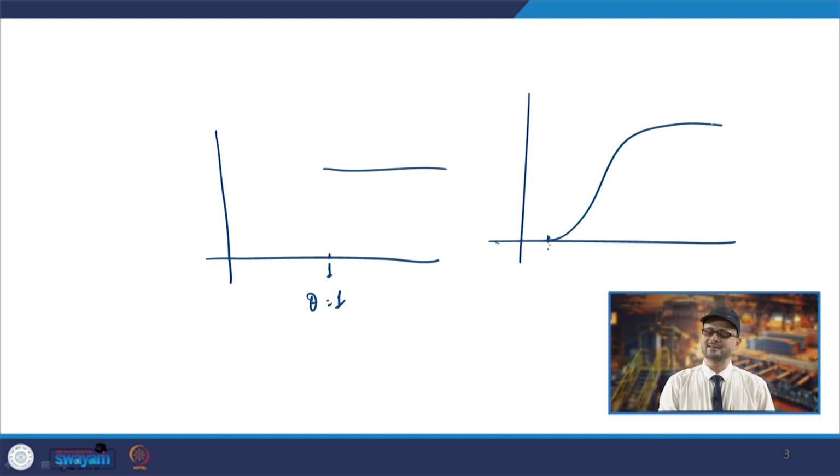So, ideally your mixing, had it been 1 here, the theta as 1 here, it has to start from here. But in actual case there is no flow which is ideally plug flow or ideally mixed flow.